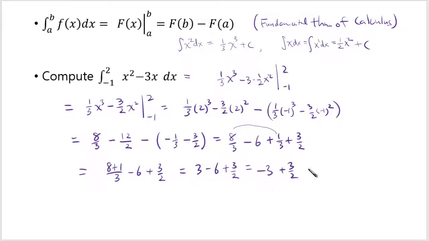And let's make common denominators. Another way to do it would be to make 3/2 as 1.5, but I like fractions better. So you have -6/2 plus 3/2. I made -3 as -6/2, so now they have common denominators, and -3/2 would be the answer.